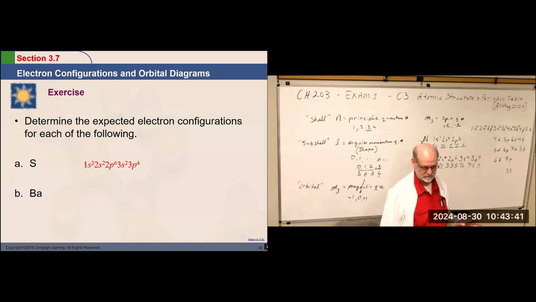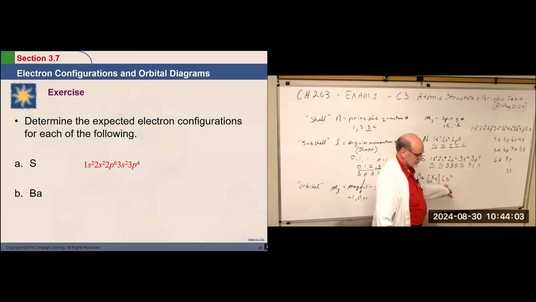They're full. So if we start with xenon at 54, what's left after xenon? 6s2. So we use this as our core, and this is what's beyond the core.